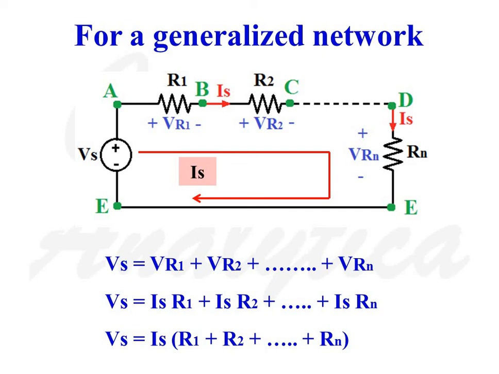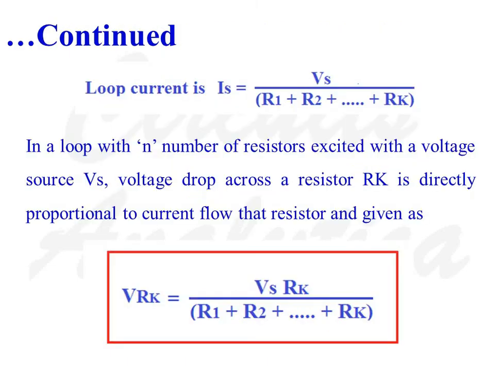So Vs is equal to Is into R1 plus R2 plus R3 plus etc. plus Rn. Or we can write loop current Is is equal to Vs divided by R1 plus R2 plus R3 plus etc. plus Rn.